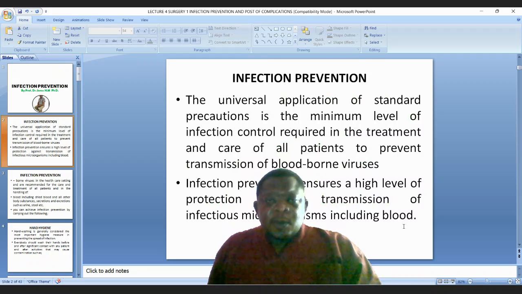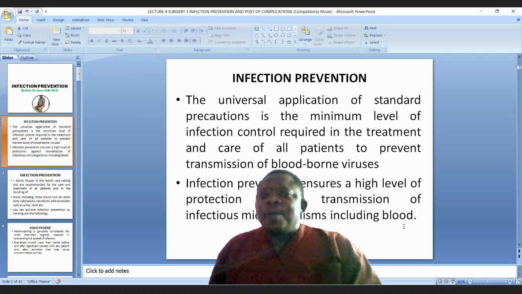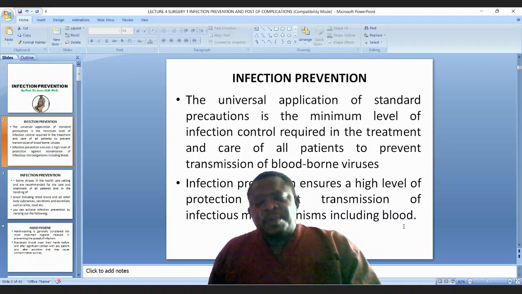So, infection prevention is a universal application of standard precautions in order to have a minimum level of infection, or it is a standard precaution that provides the minimum level of infection control required in the treatment and care of all patients to prevent transmission of bloodborne viruses.